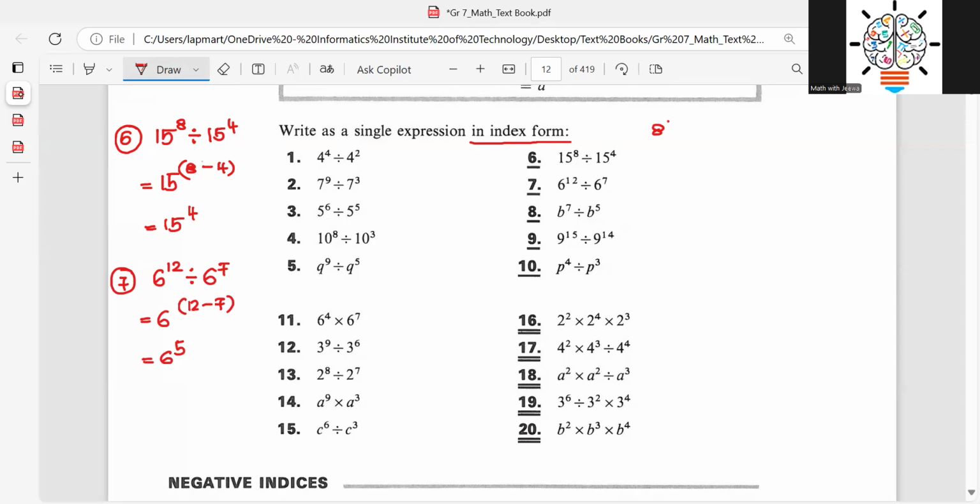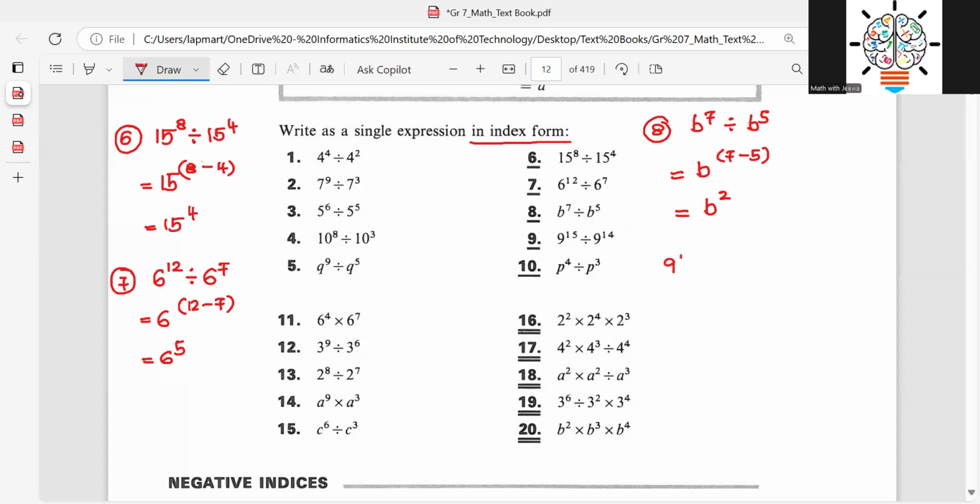Question number 8, b to the power of 7 divided by b to the power of 5. The answer is b to the power of 7 minus 5, so b to the power of 2. So 8 minus 4 is 4, 12 minus 7 is 5, and 7 minus 5 is 2.